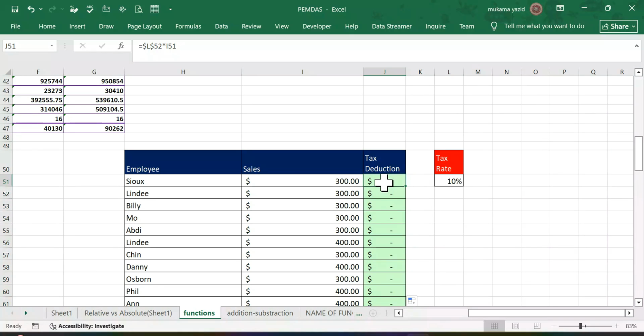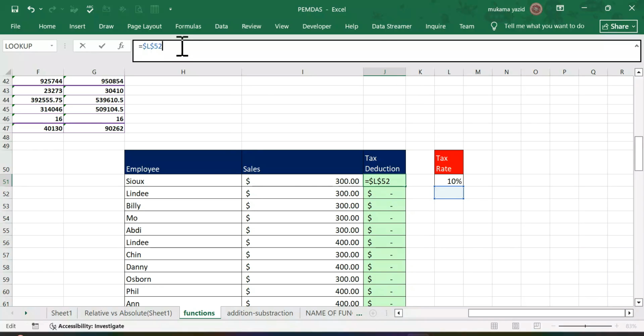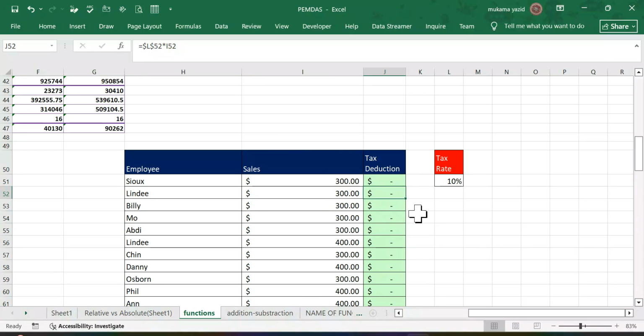Okay, where's the formula? You can multiply by this. I think this one. Why is it that I'm getting negative?